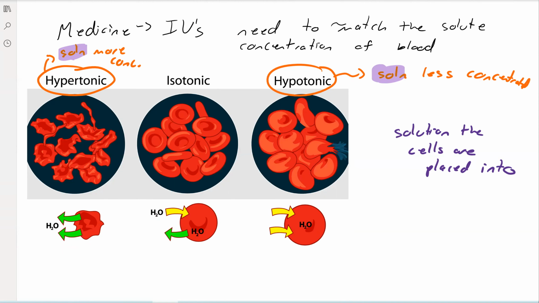And so since the solution is less concentrated, water is going to want to go inside of the cell to help dilute the salt concentration inside the cell. Well, it'll fill up like a balloon. And if you fill up a balloon with too much water, eventually it's going to rupture and your cell will die. So there's just a cool application of colligative properties in medicine.